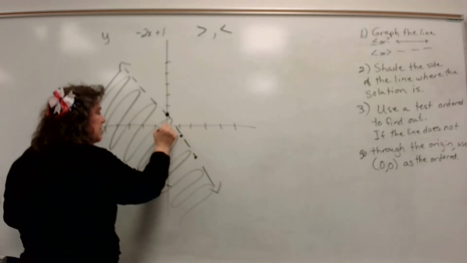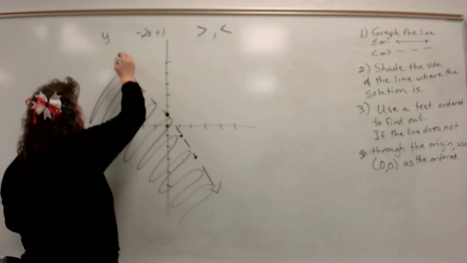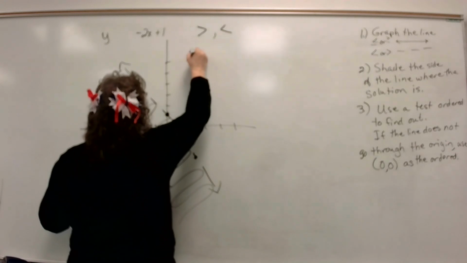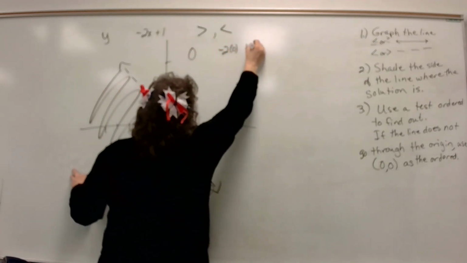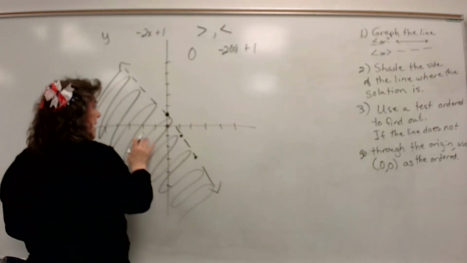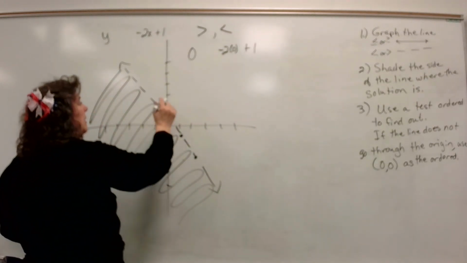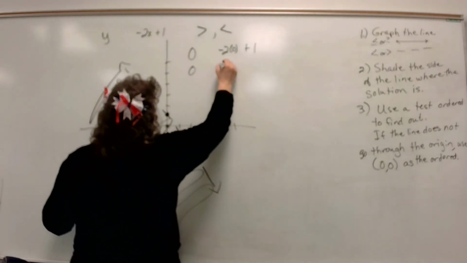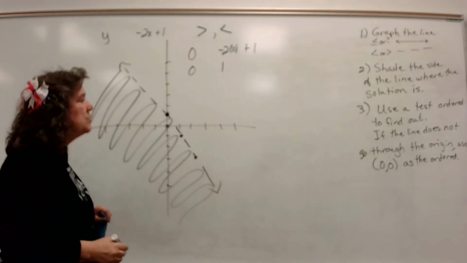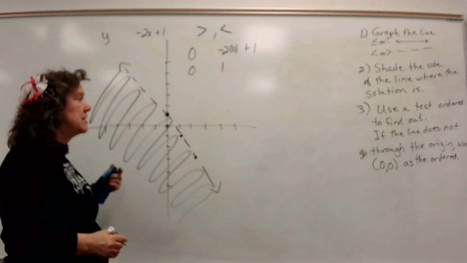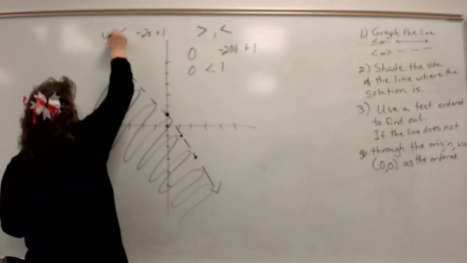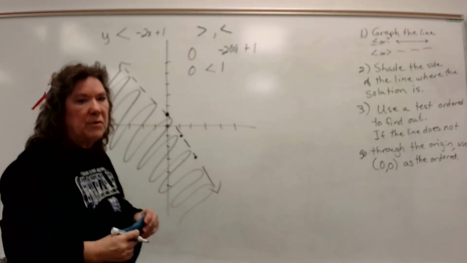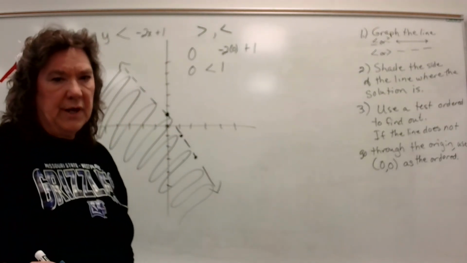Well, here's my (0, 0). I haven't used it, so I can put that in there. 0, negative 2 times 0, plus 1. And it has to be true, right? So 0 and 1. What makes that true? Well, 0 is less than 1, therefore less than is the symbol that goes in there, okay?